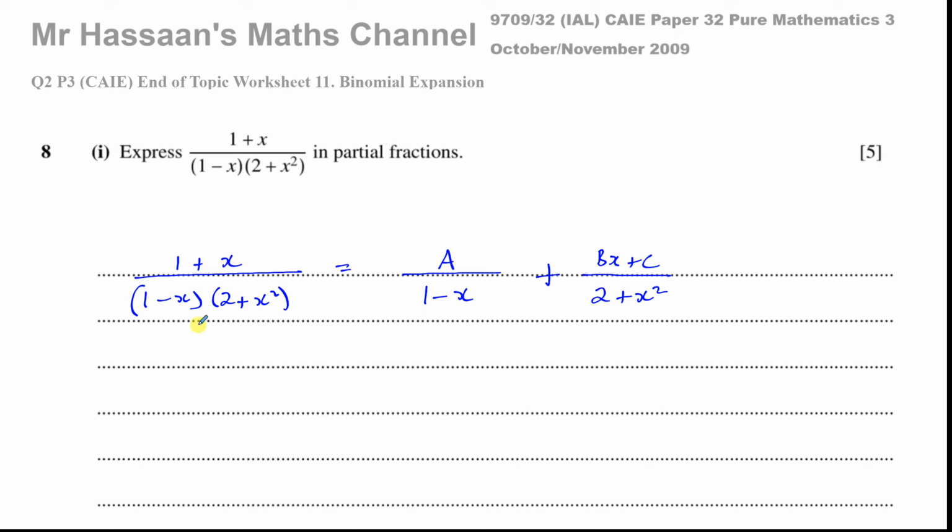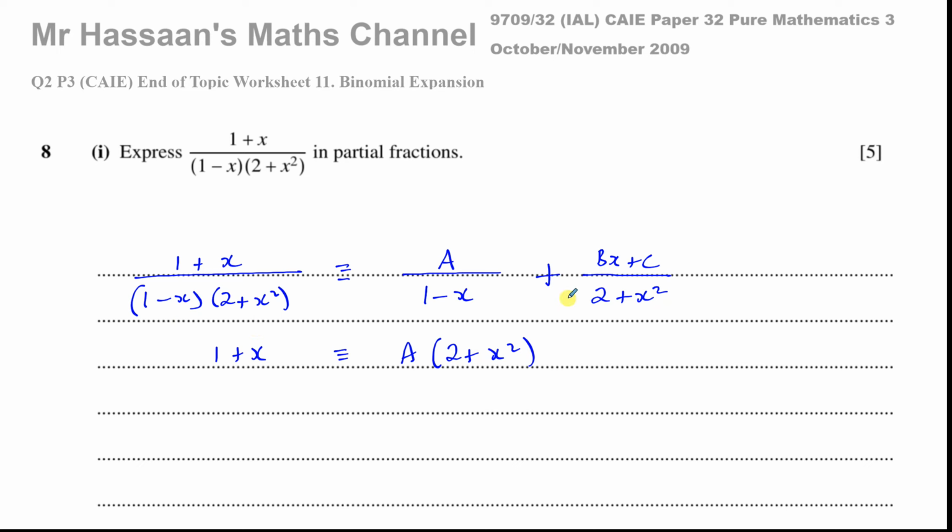So what I'm going to do now is multiply both sides by the LCM of the denominators, which is 1 minus x times 2 plus x squared. So if you do that, then you're left with 1 plus x, and this is identical to, if I multiply this term by these brackets together, the 1 minus x cancels out, you're left with a times 2 plus x squared.